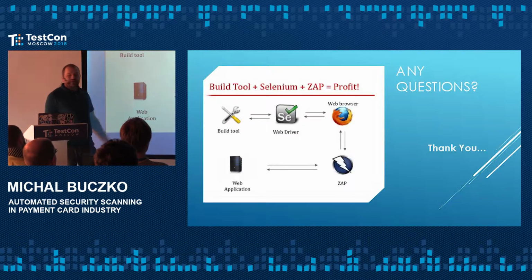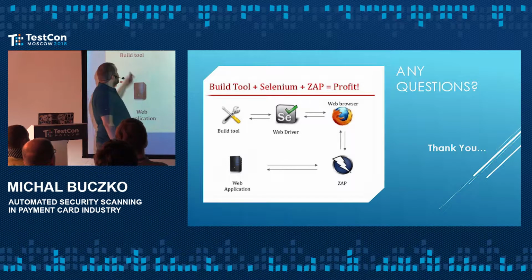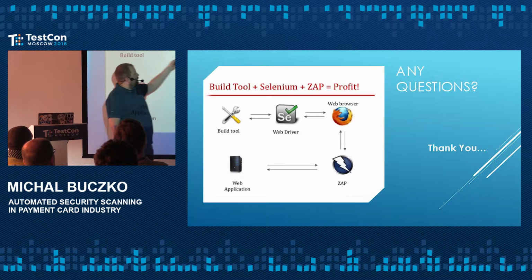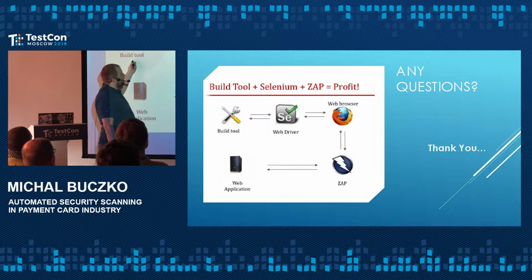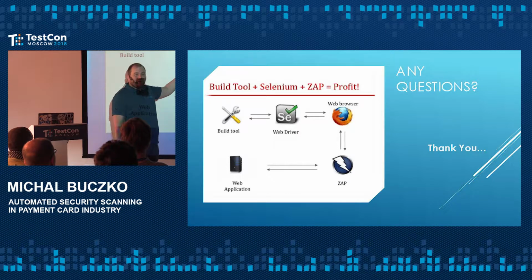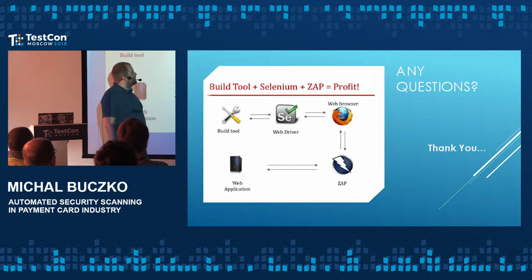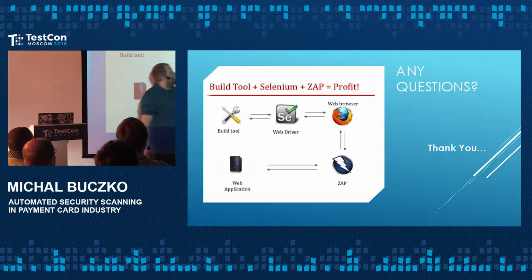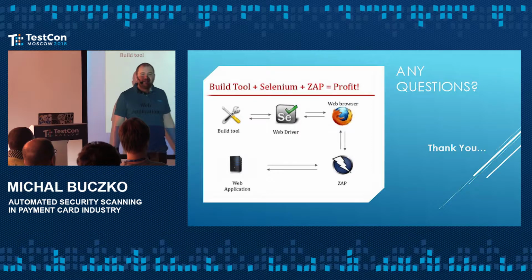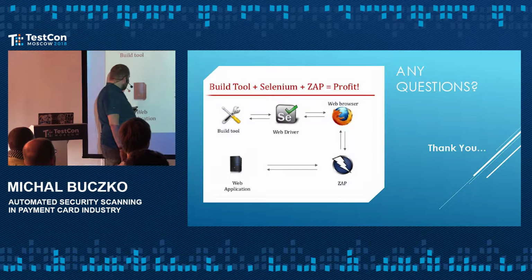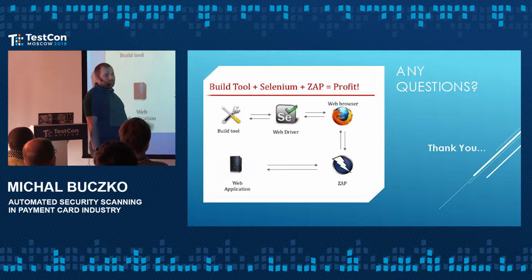And the solution that we found at the end was that we had a build tool, this was Jenkins. There was a job running all the automated tests from a web driver through the browser and also opening a ZAP behind it. And there were the applications against which we were testing.